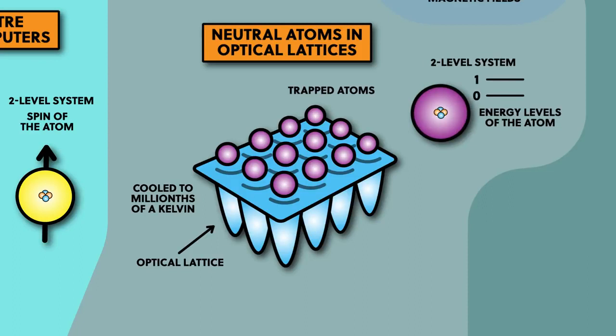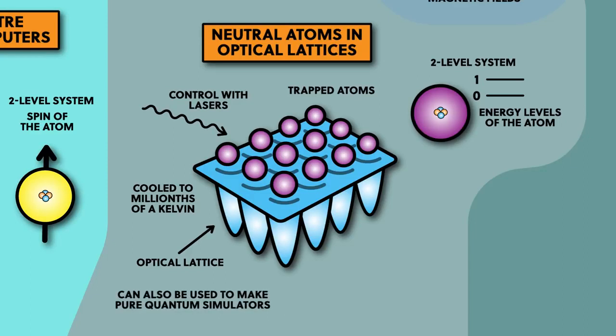Either the hyperfine energy level of the atom, or excited states, and they can also make use of Rydberg atoms. And the atoms can be controlled and entangled with each other with lasers. They can also be used as quantum simulators as well as quantum computers. In fact, a 10,000 atom quantum simulator has been made, but this doesn't look like a universal quantum computer.